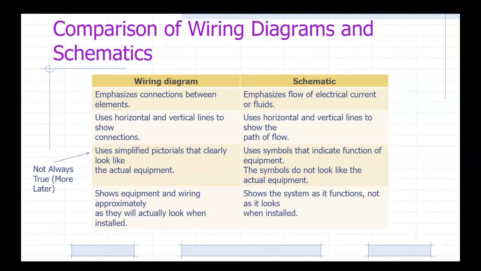So, wiring diagrams use lines to show connections, and the same goes for a schematic. Wiring diagrams can use pictorials that clearly look like the actual equipment. It might just use a symbol that is as close an approximation as you can.